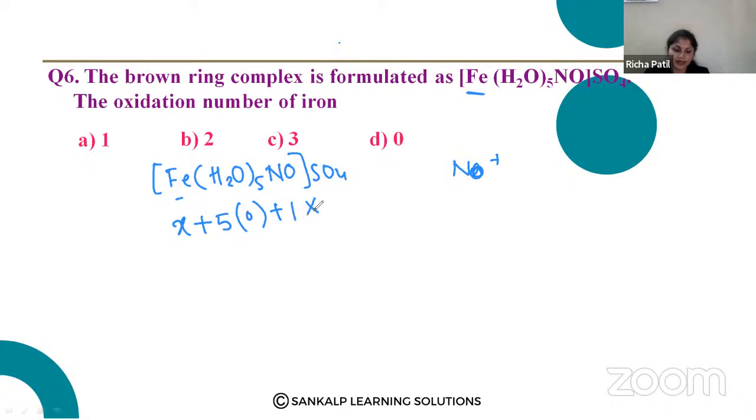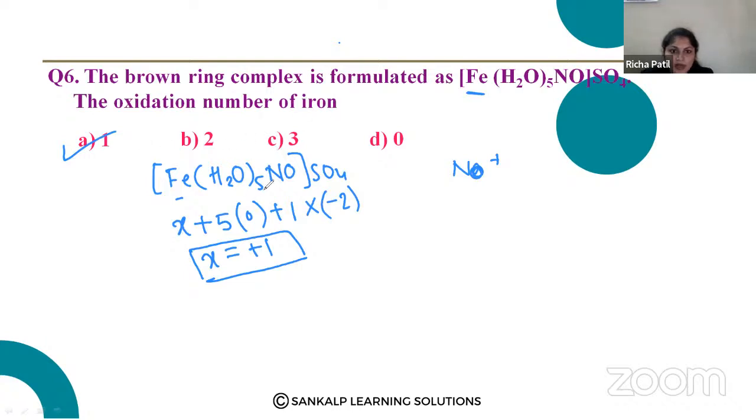Then SO4 is -2. So the overall charge is zero, and Fe will be in +1 state. So it will be A. A is the correct answer.